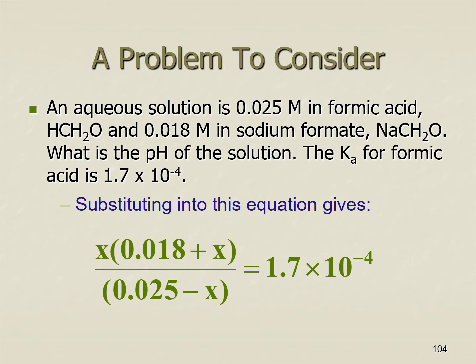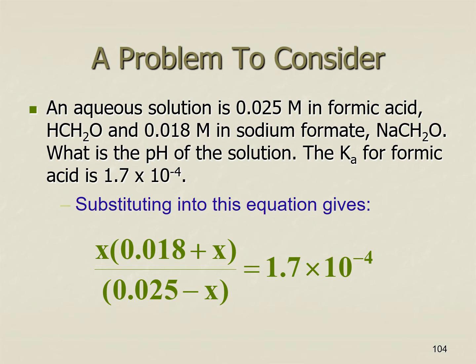What we can do is take the Ca divided by the Ka, and we get 147. So it's not great, but it is over 100. What that means is that we can ignore subtracting X. So in 0.025 minus X, we can cross off the X.